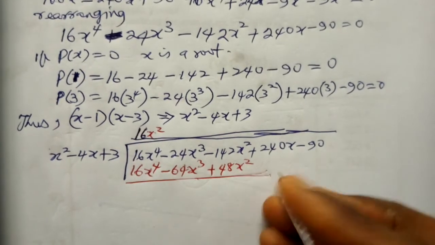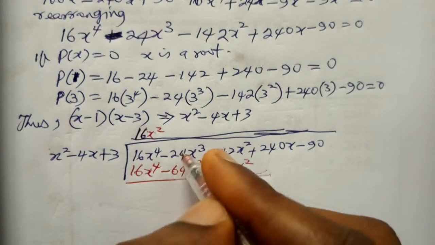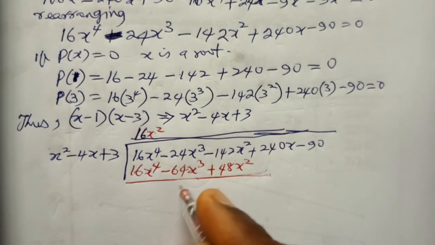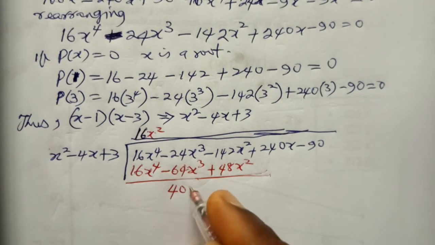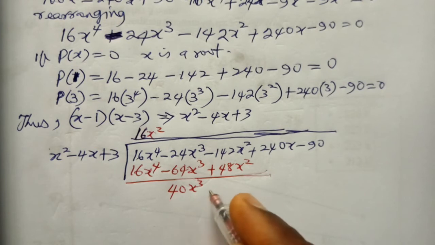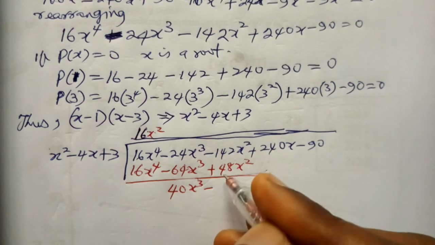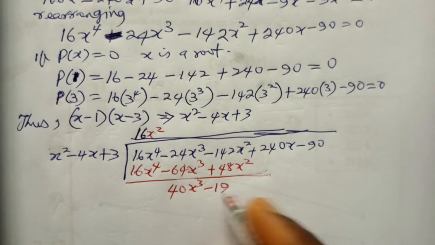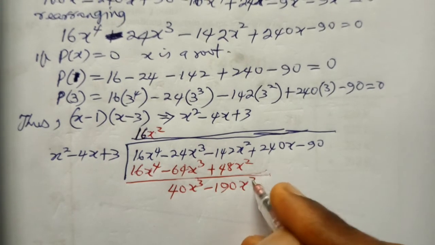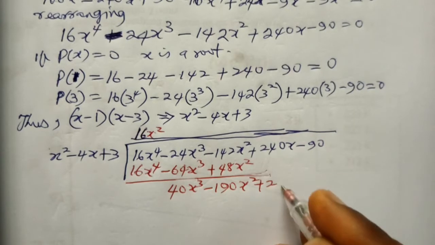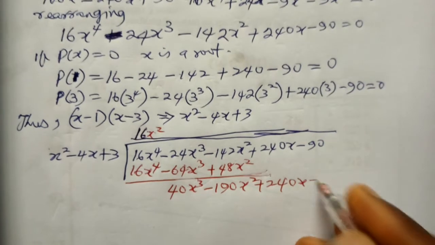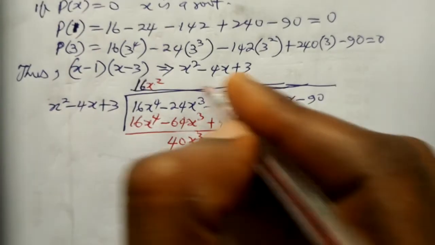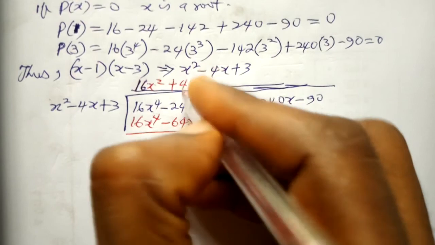If we subtract, we get 0 for the first, and this minus this gives us 40x cubed. Then minus this means minus 190x squared, plus 240x. We'll bring this one down, minus 90, so that the next thing that will go will be plus 40.